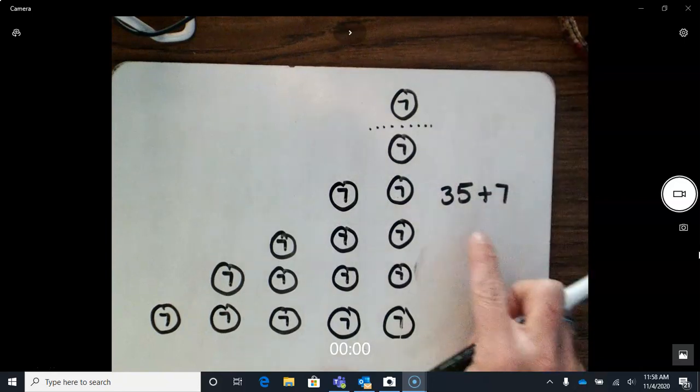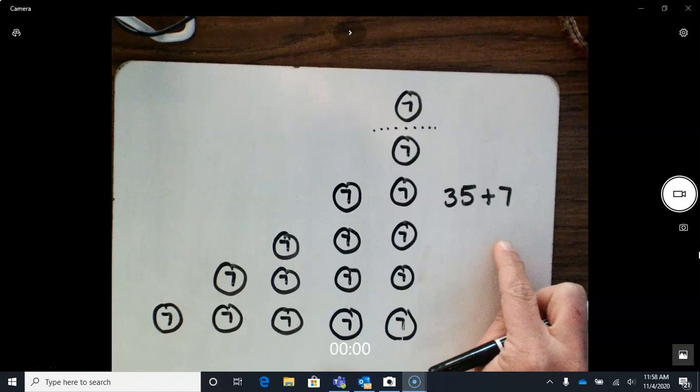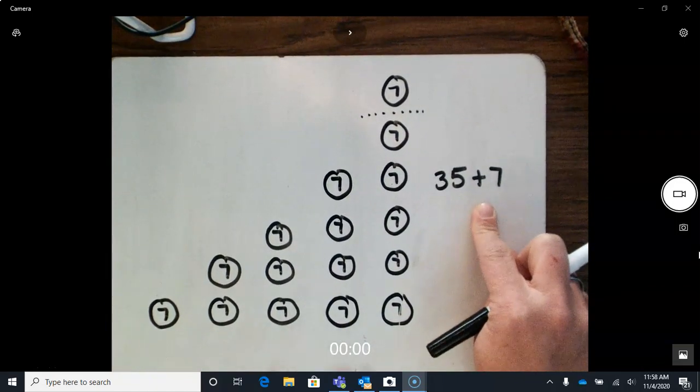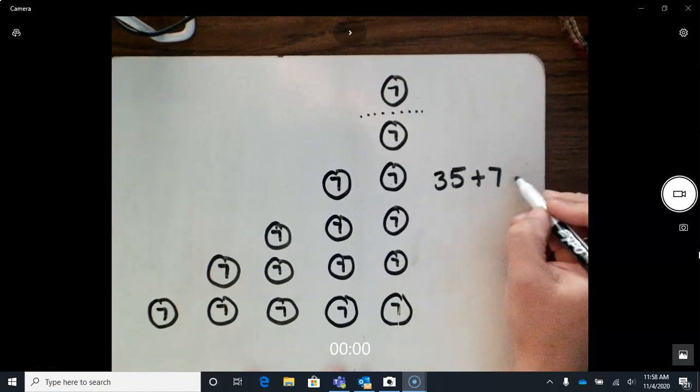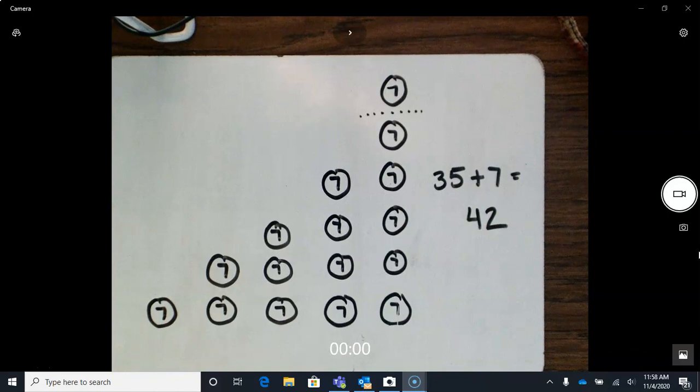So now, this total would show the answer of 6 sevens. What is the total of 6 sevens? Yes, great job, 42. Okay?